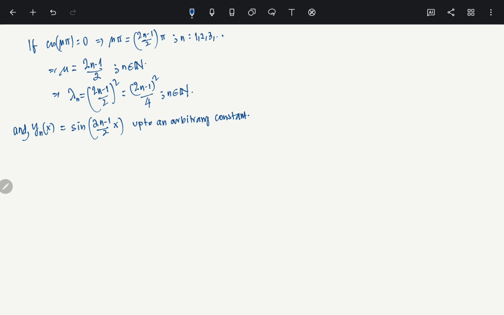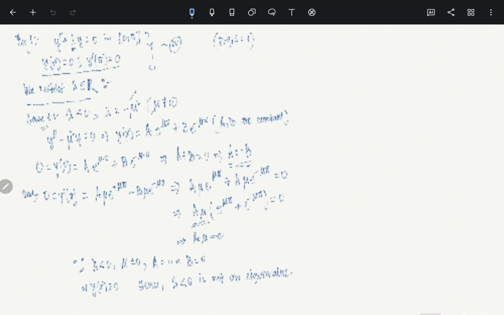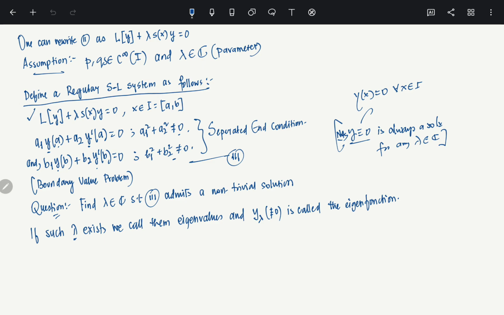So essentially you see the eigenvalues are this and the eigenfunctions are the sine functions. Of course these are for n in N. Now why are we not putting an arbitrary eigenfunction? Because if you look at the original equation, note, let me put it as a small remark. This is a linear equation, right?